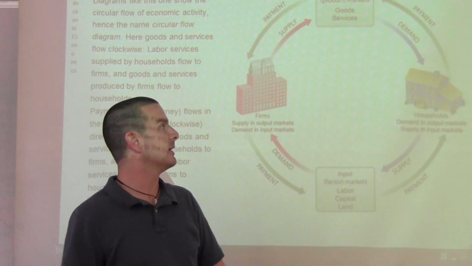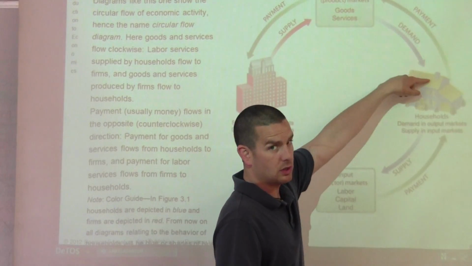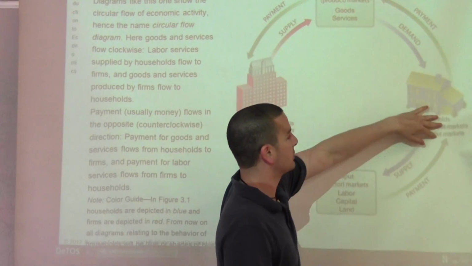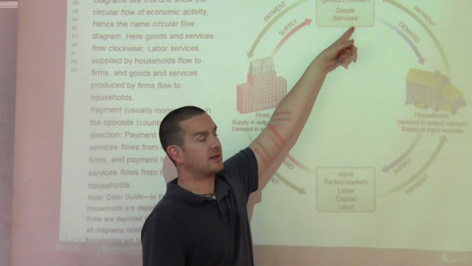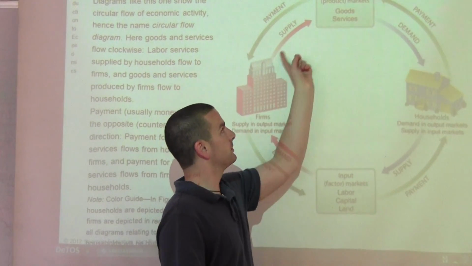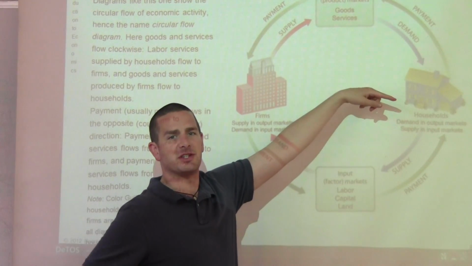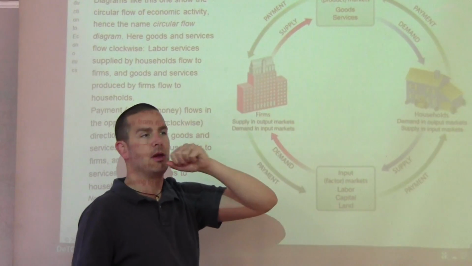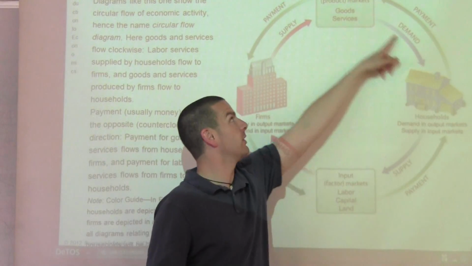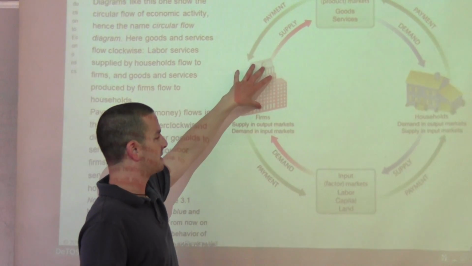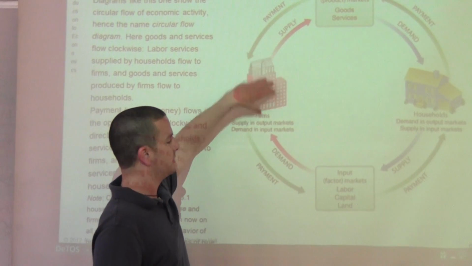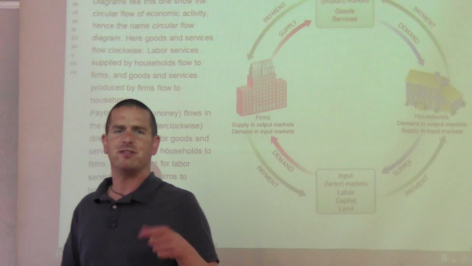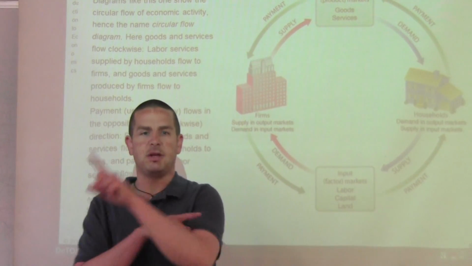So what you end up getting is this flow of goods and services going from the firms to the households on output markets, and in exchange for the goods and services produced, households pay the firms. Okay? You pay the firms, which then gives the businesses the money they need to go hire the inputs again. So it's a circular flow. You can envision all economic activity as one big circular flow.